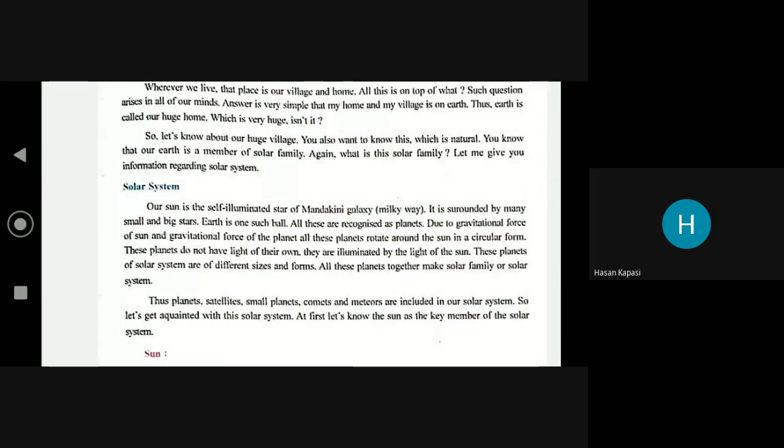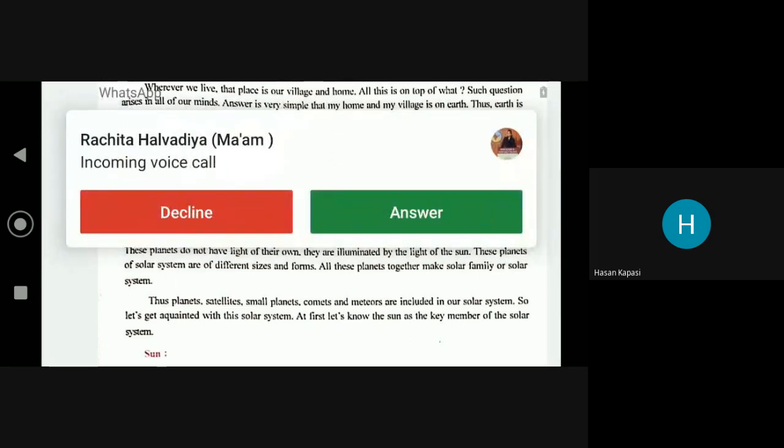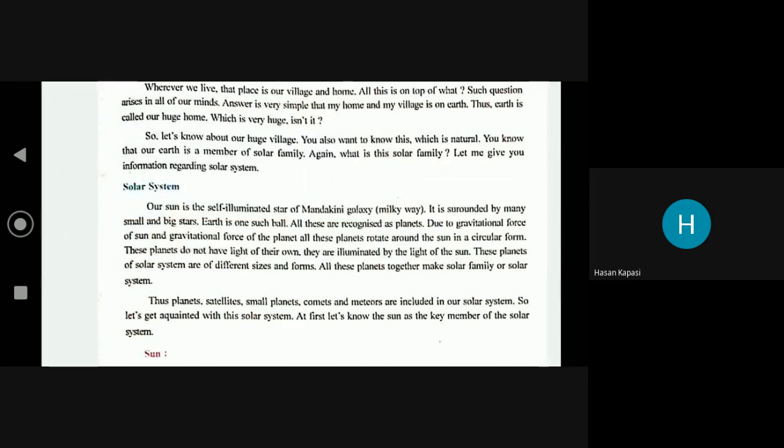Thus, planets, satellites, small planets, comets, and meteors are included in our solar system. So let's get acquainted with this solar system. At first, let's know the sun as the key member of the solar system.